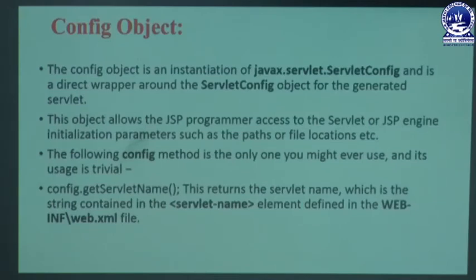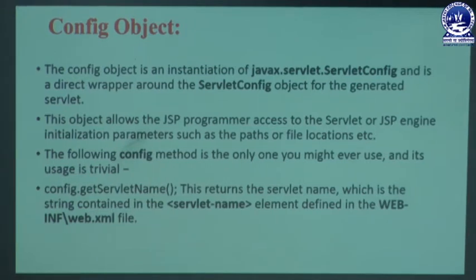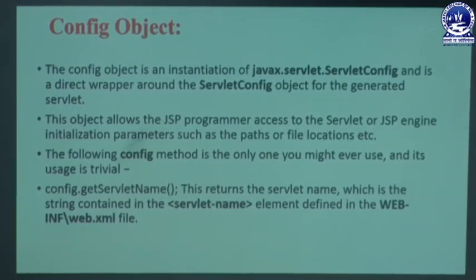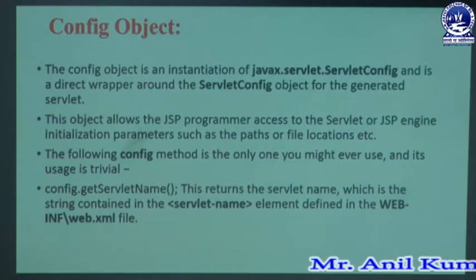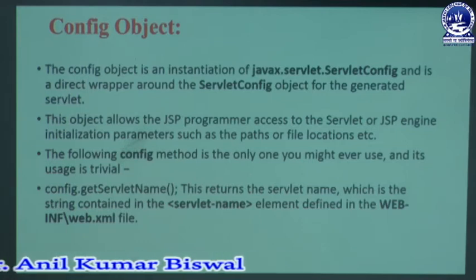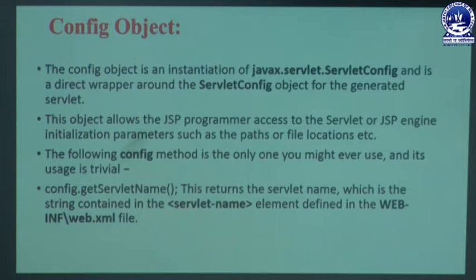Before discussing this point, we should know that the config object means a configuration object, that is, a configuration file object. Here the config object is an instantiation of the javax.servlet.ServletConfig class, and it is a direct wrapper around the ServletConfig object for the generated servlet.